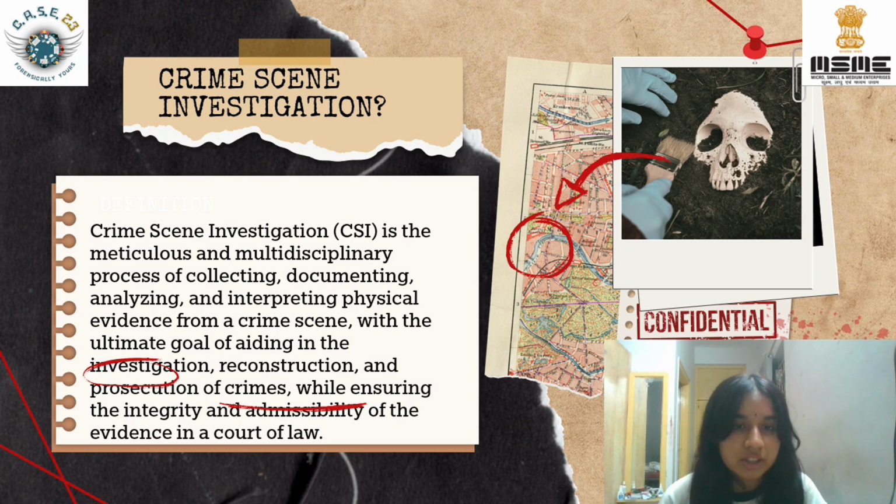Evidences could be of any nature for that matter, those that are found at a crime scene, analysis and interpretation of those evidences, with the ultimate goal of coming to a conclusion, that is aiding in the process of investigation, reconstruction, wherein there are certain cases where crime scene reconstruction is required, and prosecution of crimes while ensuring the integrity and legal admissibility of the evidence in the court of law.